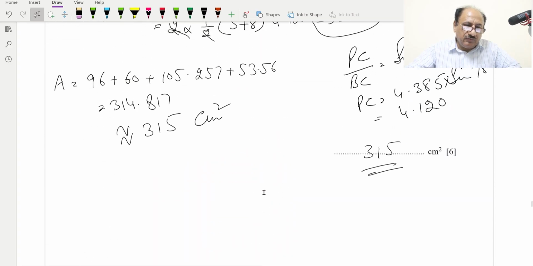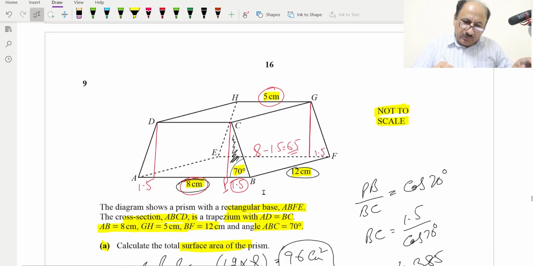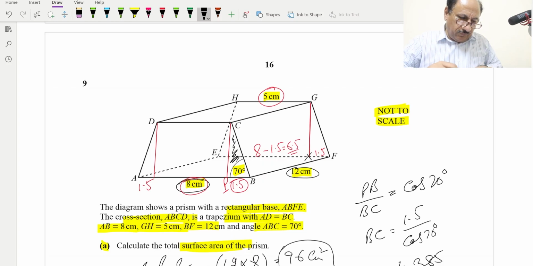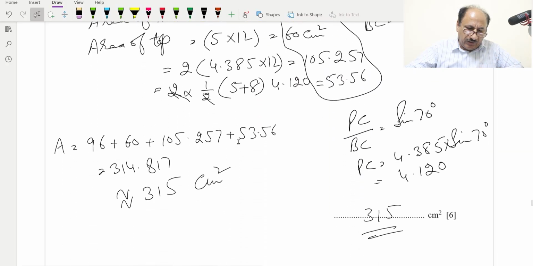Now calculate AX. AX is what? We will check from the drawing. So this point is basically X. Now we will join AX. We can draw this AX like this. So we have one side as 6.5 and this side is 12. So by Pythagoras theorem we can find AX from 12 and 6.5.